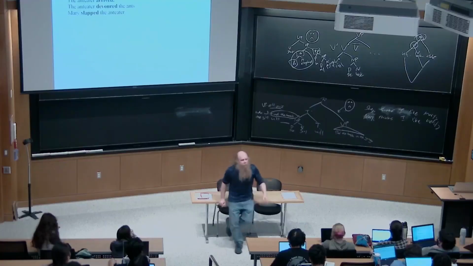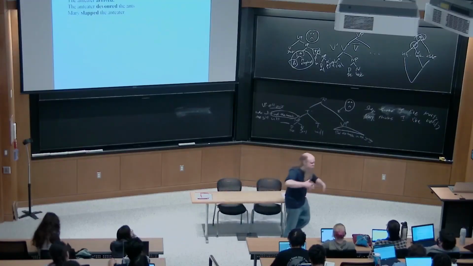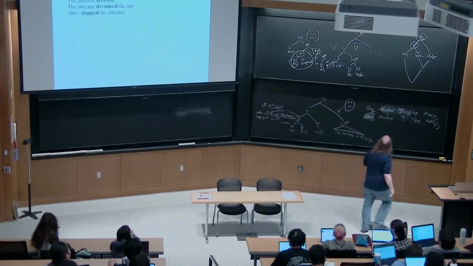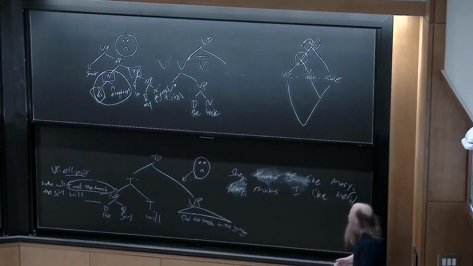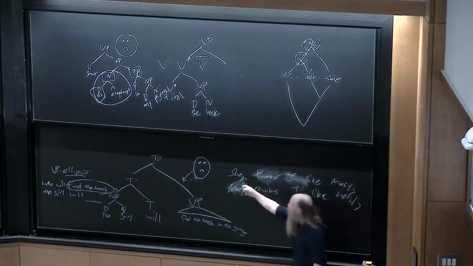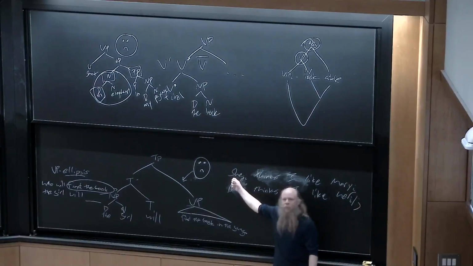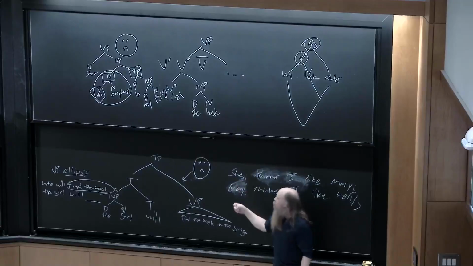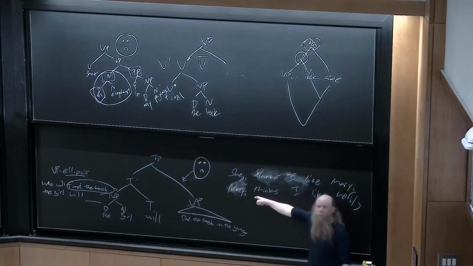So good. That's where I was hoping the first person would go. Joseph is already going more sophisticated. So one theory we could have would be that she can't refer to somebody who hasn't been mentioned yet. She can't refer to somebody who's later in the tree. Here, her is referring to somebody on its left.